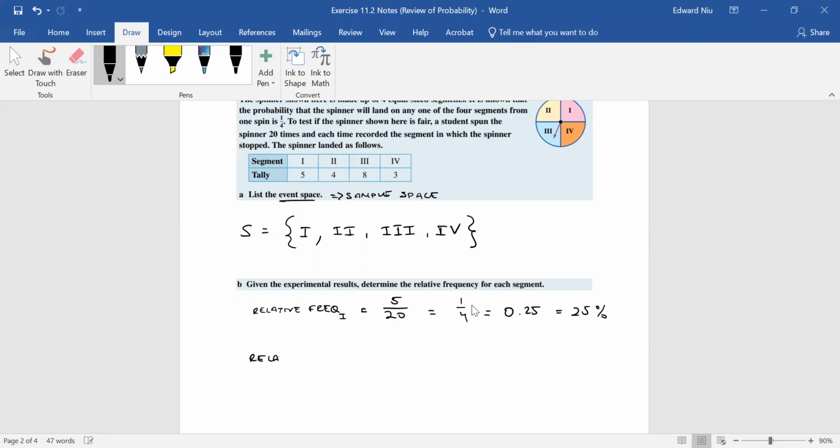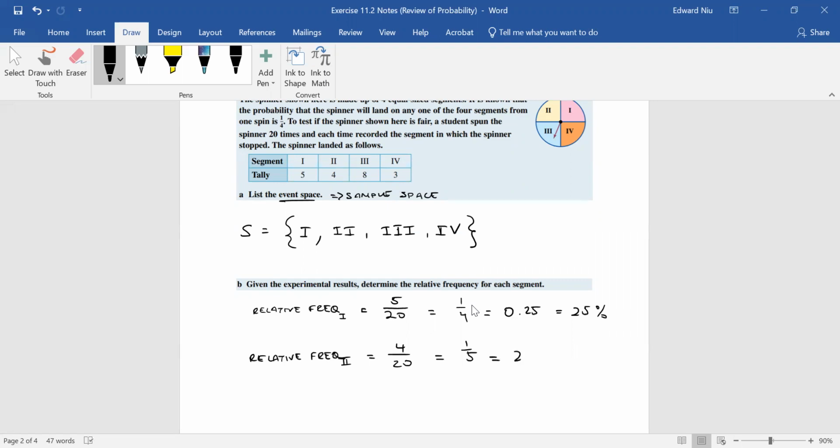Next one, relative frequency or experimental probability. For segment 2, we've got 4 on 20, which is 1 on 5 if we were to divide top and bottom both by 4.